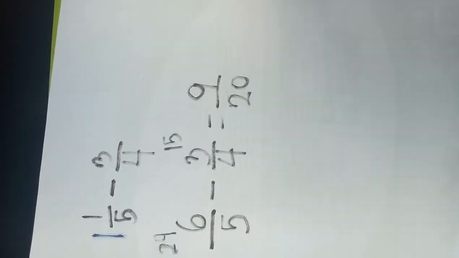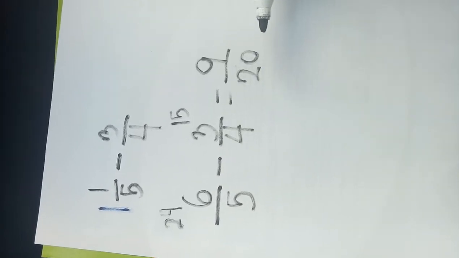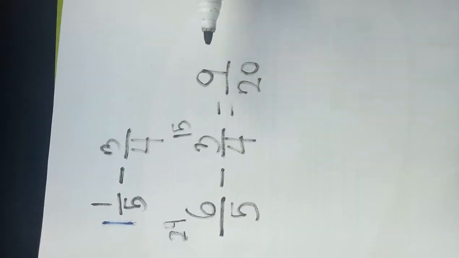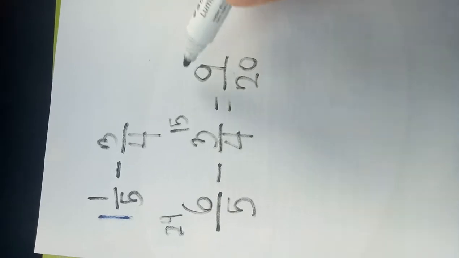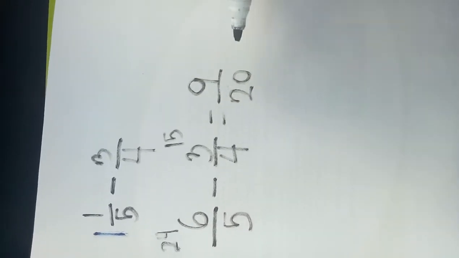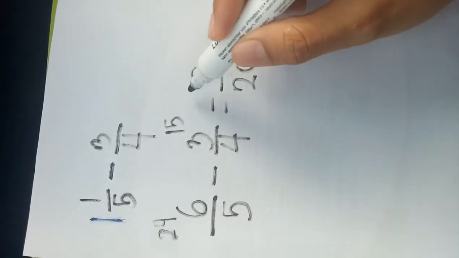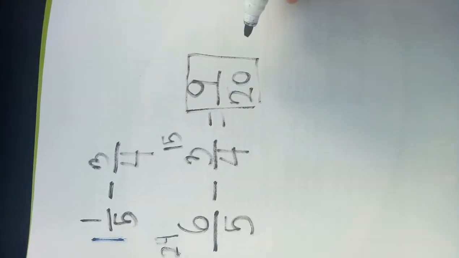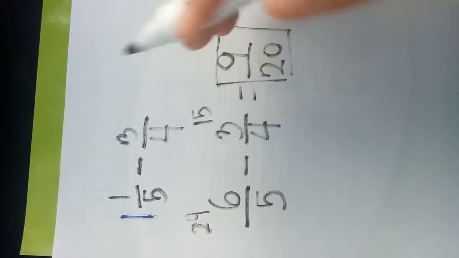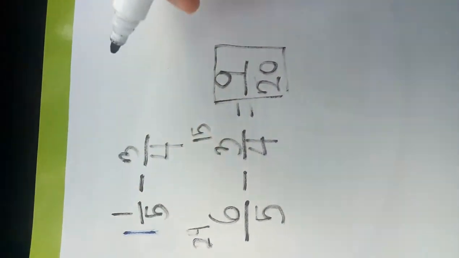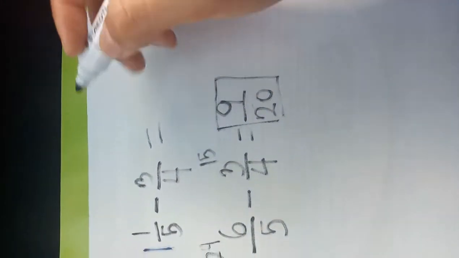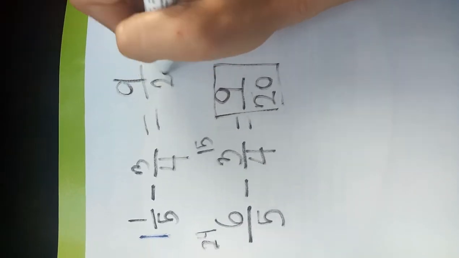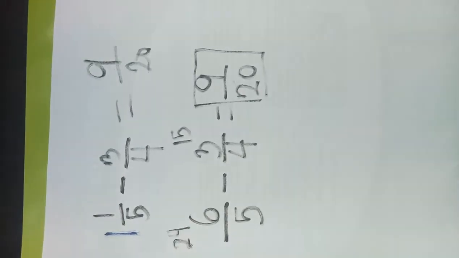Now think, do we still have to simplify 9 and 20? We don't have to, as there's no same number that can divide 9 and 20. Therefore, 9/20 is our final answer. So 1 and 1/5 minus 3/4, the answer is 9/20, just like that.